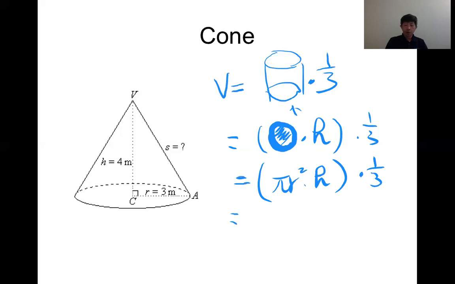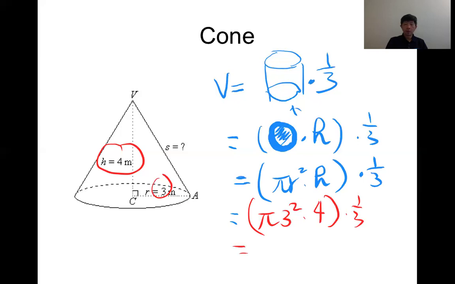What's the r we have? R is 3 squared. What's the h? The height is 4, times 1/3. So 3 times 3 is 9, 9 times 4 is 36, so 36 pi times 1/3.